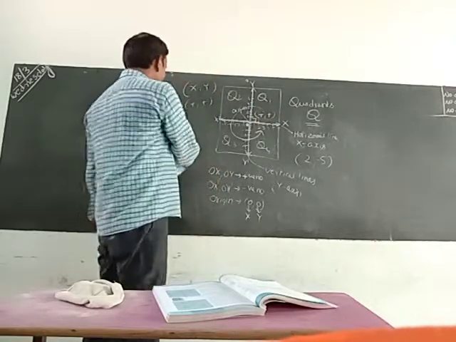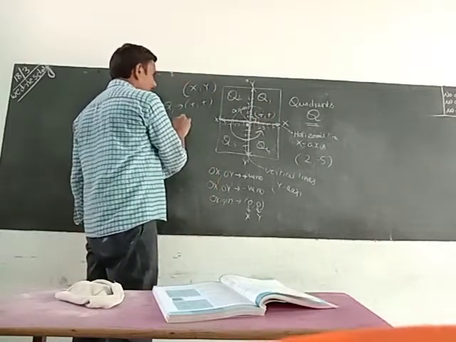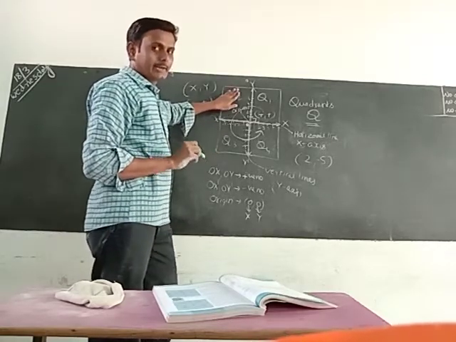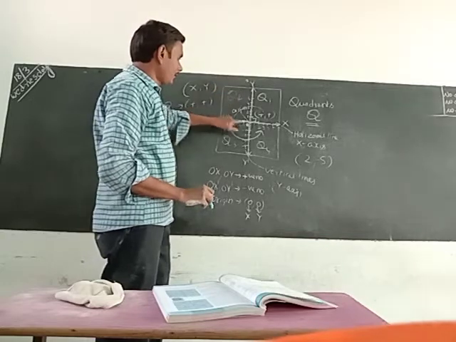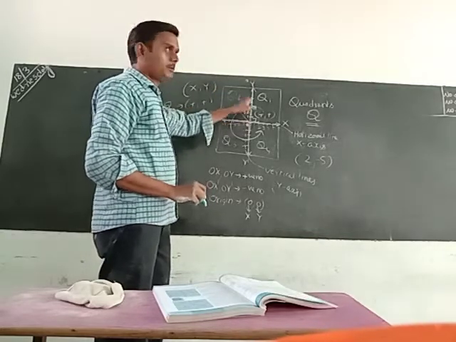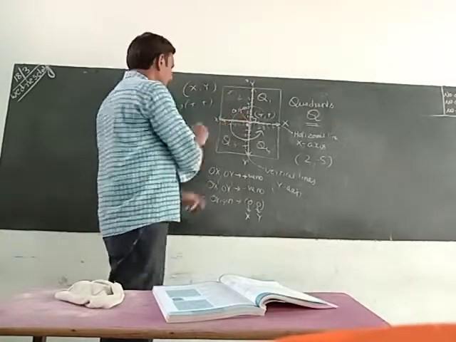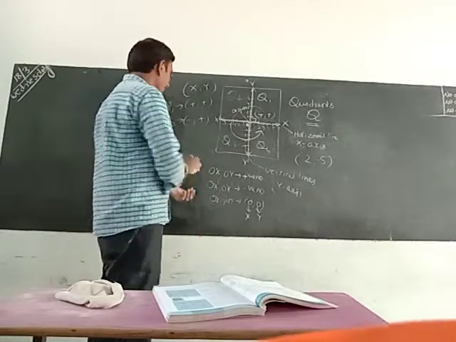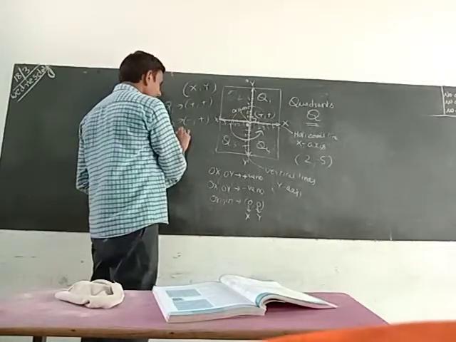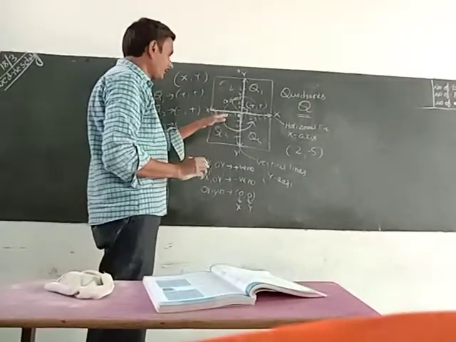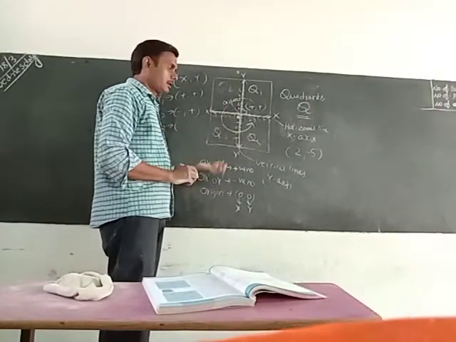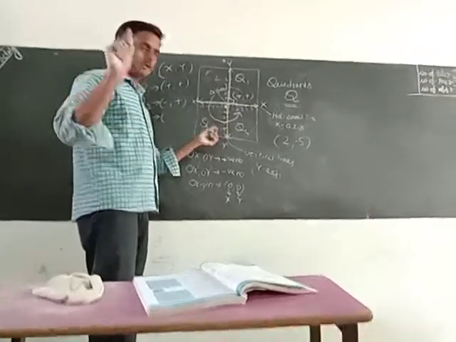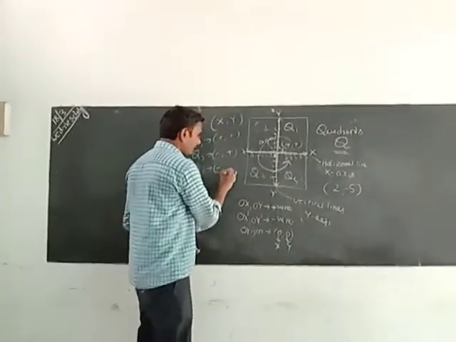In Q2, quadrant 2, x will be negative and y will be positive. That means negative, positive. Next Q3, quadrant 3: x-axis negative, y-axis negative.